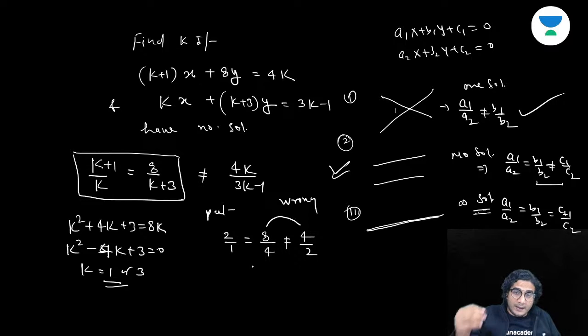For k is equal to 1, actually A1 upon A2 is equal to B1 upon B2 is equal to C1 upon C2 also. So lines are not only parallel, they are coincident actually. So for k is equal to 1, lines are coincident. And coincident means they will have infinite number of solutions. Are you understanding this thing? This is a question of JEE main exam.